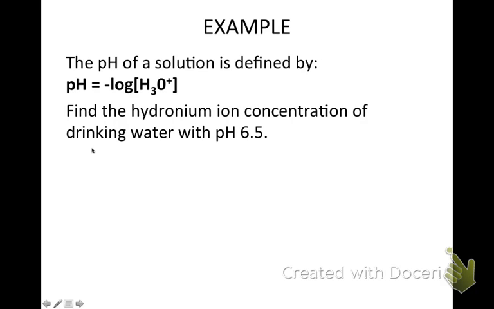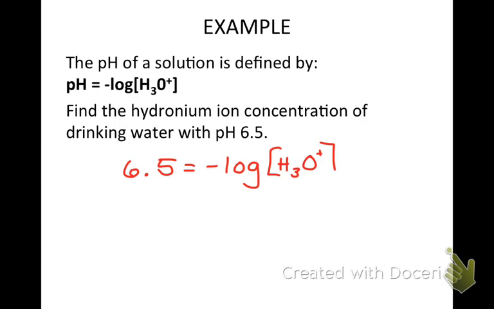All right. What if we were to work backwards? So now we know the pH. Let's think about how we would do this. So now I'm going to type in 6.5 in place of my pH equals the negative log of our H3O.